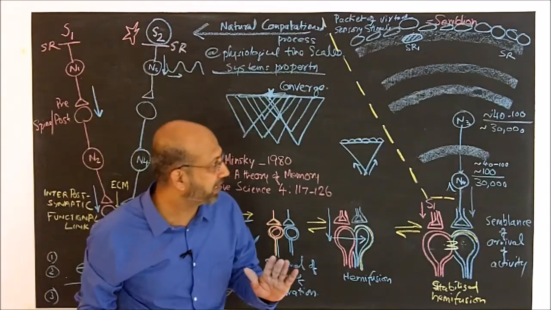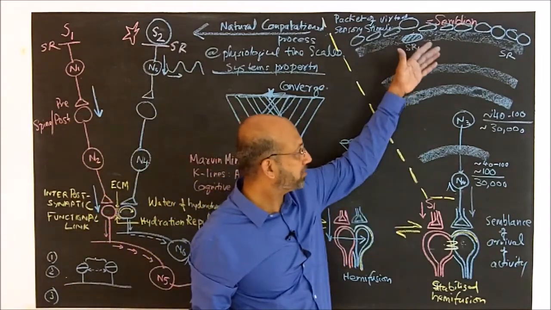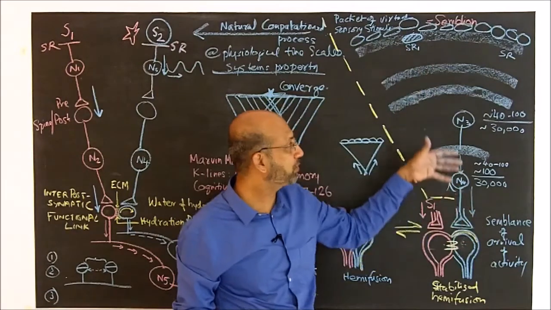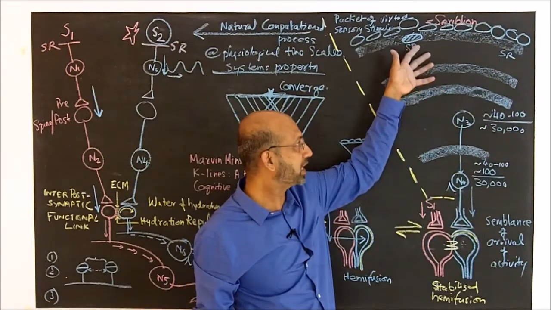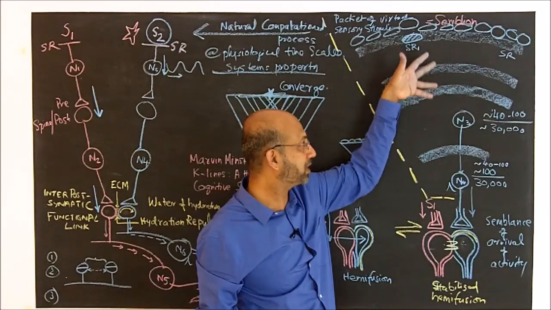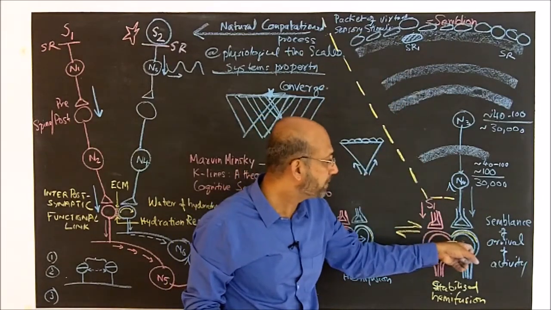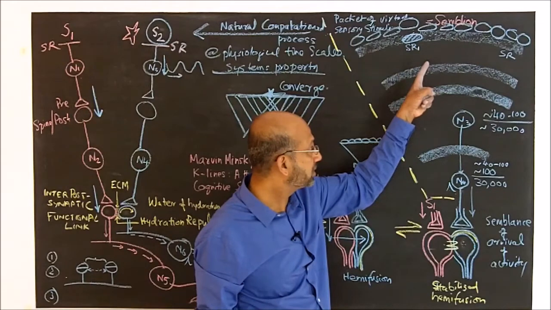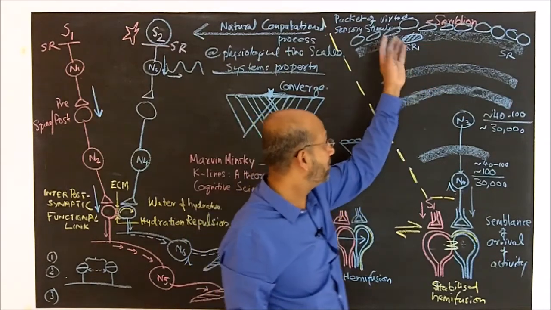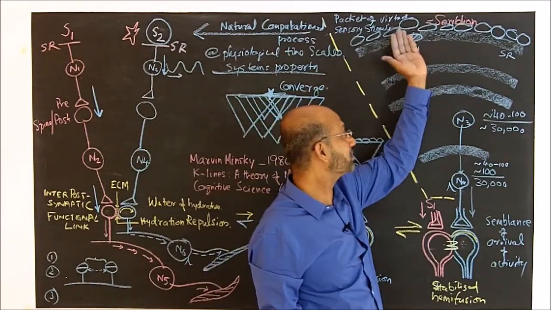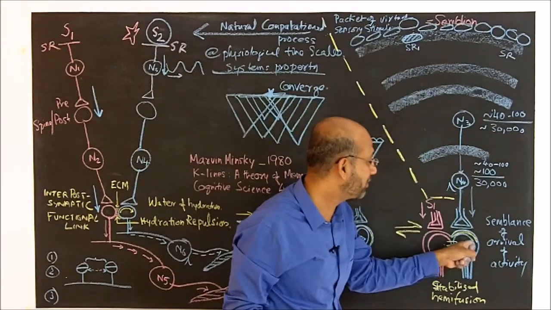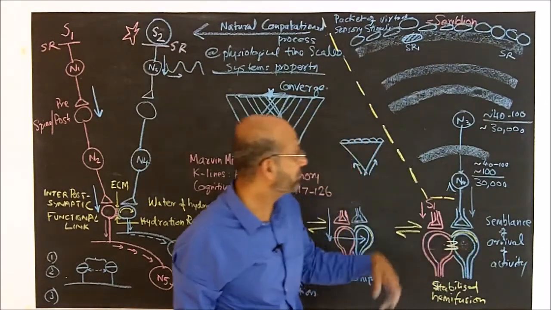But what we know is that once we know the synaptic connections, once we know the interpostsynaptic functional links that are there between these neuronal orders, then we can deduce all the semblyons from the minimal sensory receptor activation that will depolarize this dendritic spine.